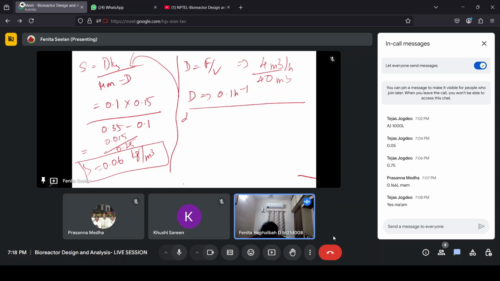So we know when we were doing substrate balance, you would have come across this. Here the specific product formation rate is 0, so we can nullify this term.